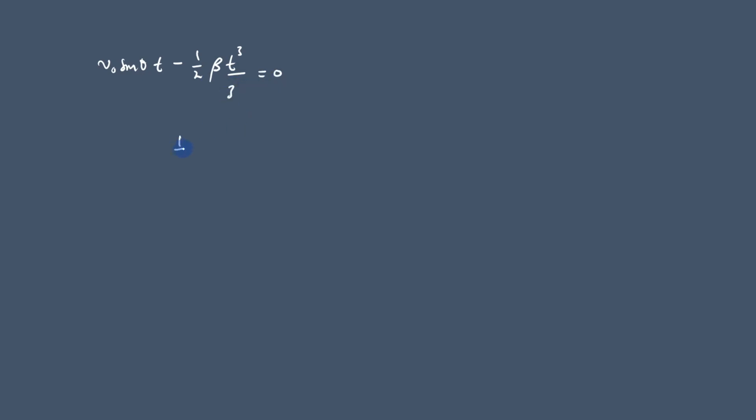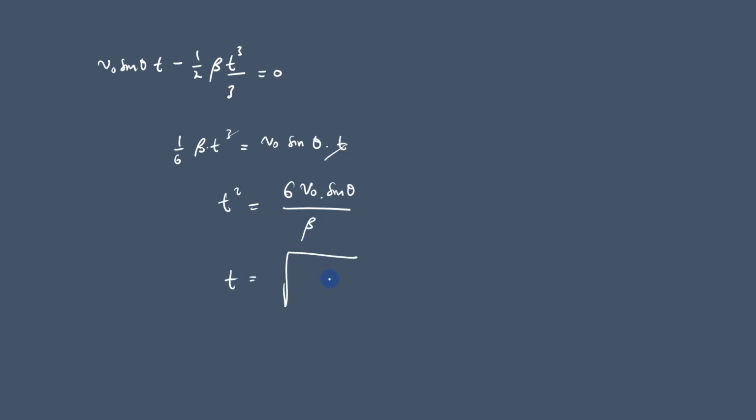Okay, we can get 1/6 times beta t cubed equals Vo sine theta times t, and dividing by t we can simplify this equation, and we get t squared equals 6 Vo sine theta divided by beta. So t equals the square root of 6 Vo sine theta divided by beta.